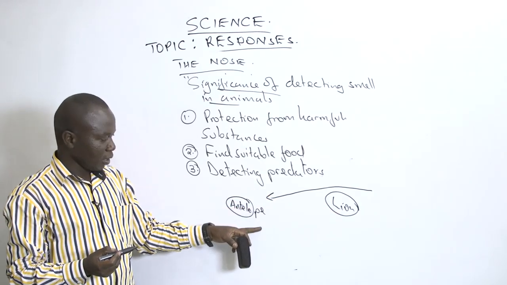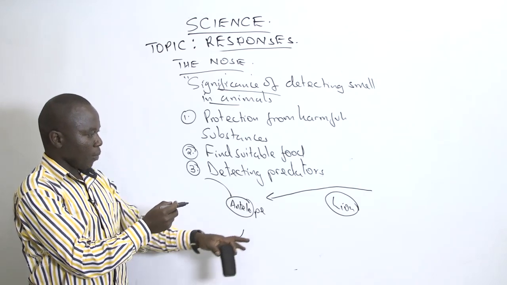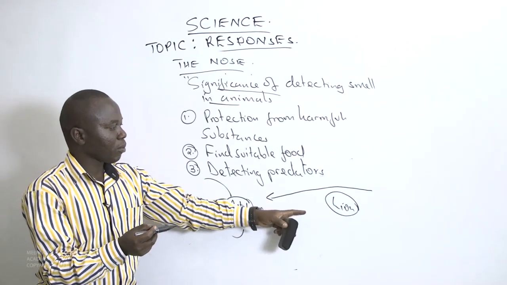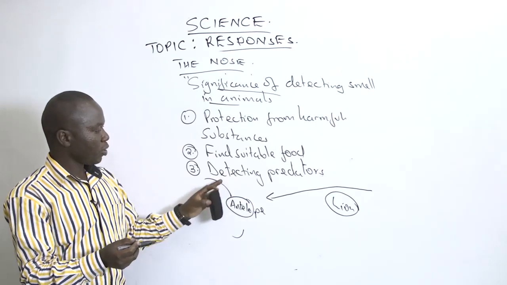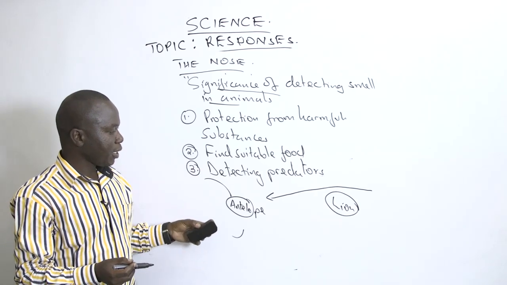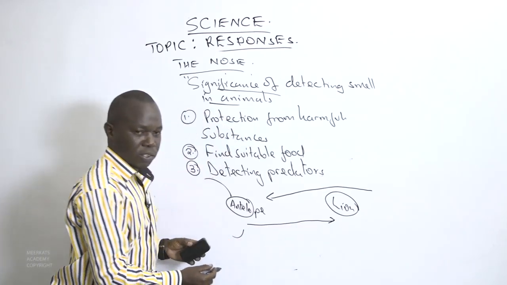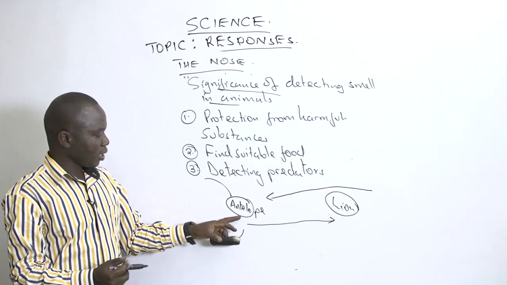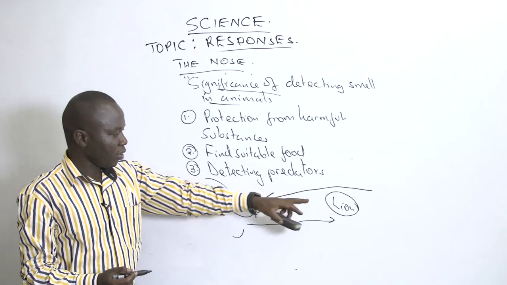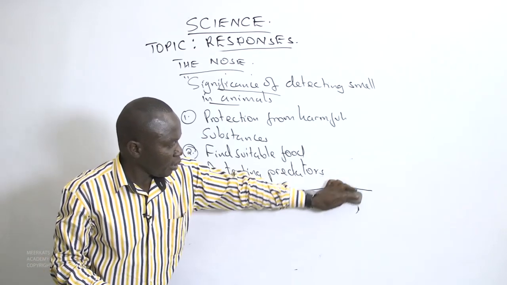So in the process, it can find a way of moving away so that the lion cannot get it. Otherwise, it will be preyed on. But at the same time, if the wind is going this direction, the lion will be able to detect the antelope, which is suitable food material for the lion. So it is important for survival in the jungle.